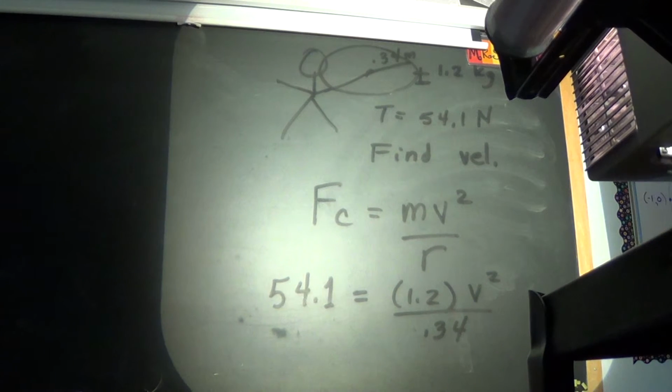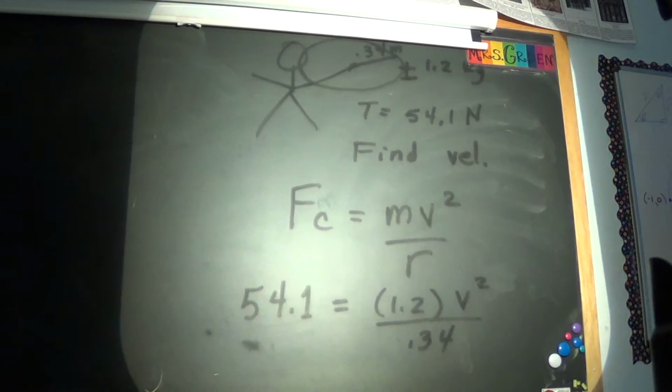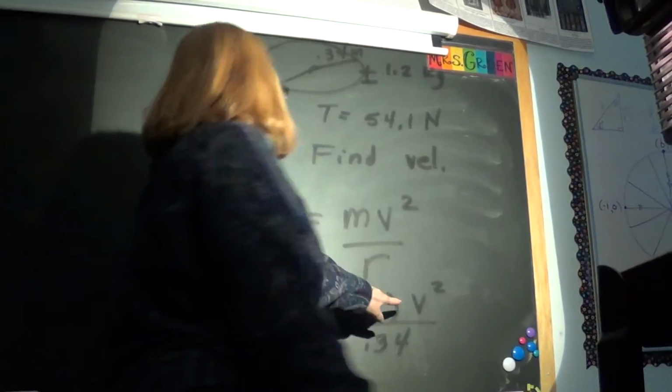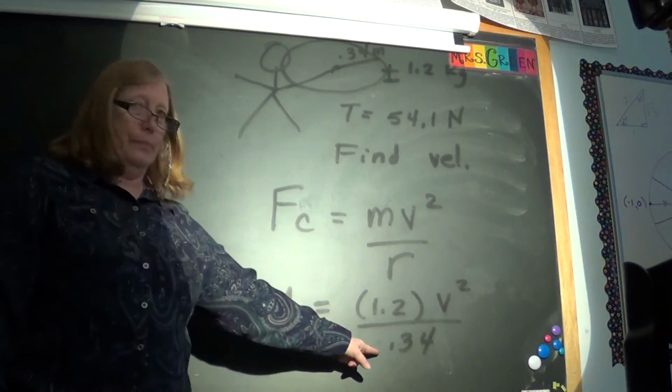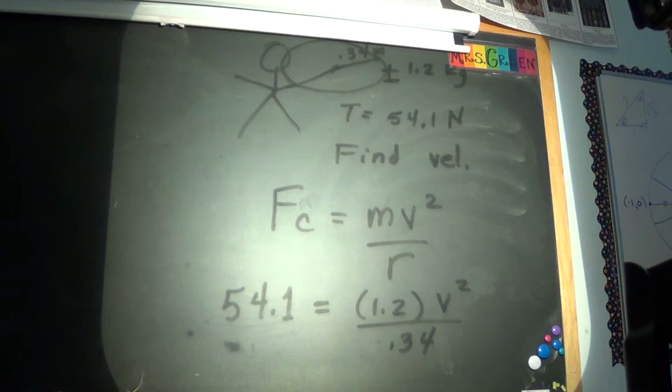All right, explain mathematically, Molly, what do you do with this equation to get it? How do I solve for v? What's the first step? Multiply both sides by 0.34, then divide by 1.2, and then take the square root.